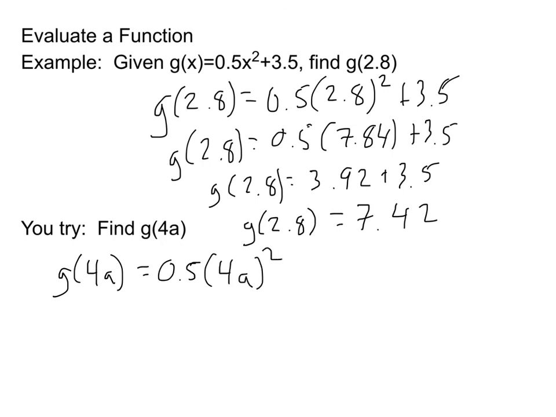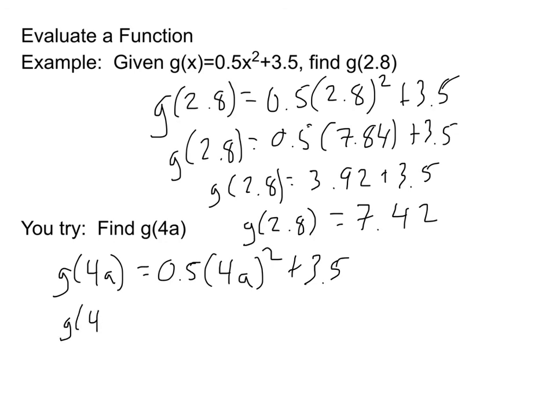Okay, because it says 0.5 times x squared up here. So in place of that x squared, we substituted in 4a plus 3.5. Okay, so this one's a little bit harder.